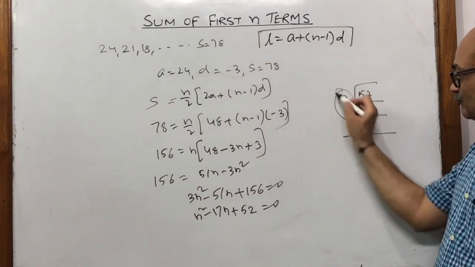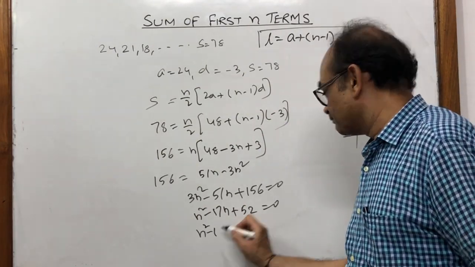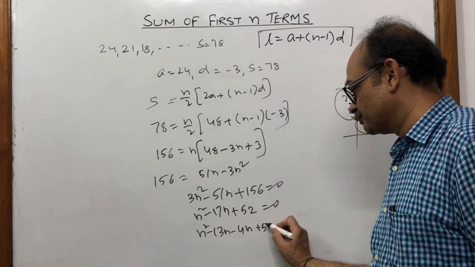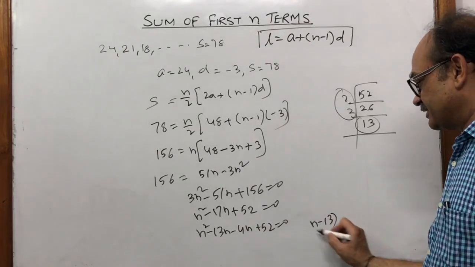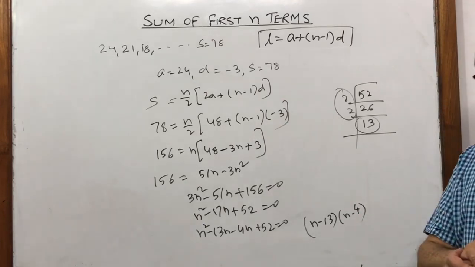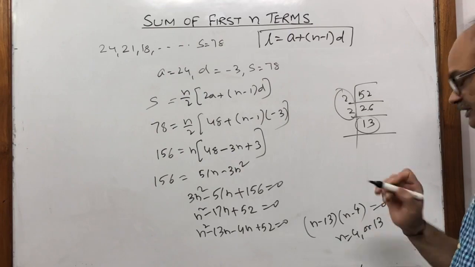Very simple: 4 and 13. So N square minus 13N minus 4N plus 52. If you factorize, we get N minus 13 and N minus 4. So N equals 4 or 13.